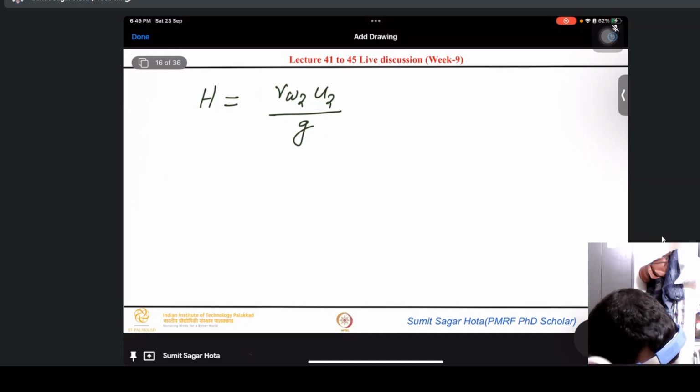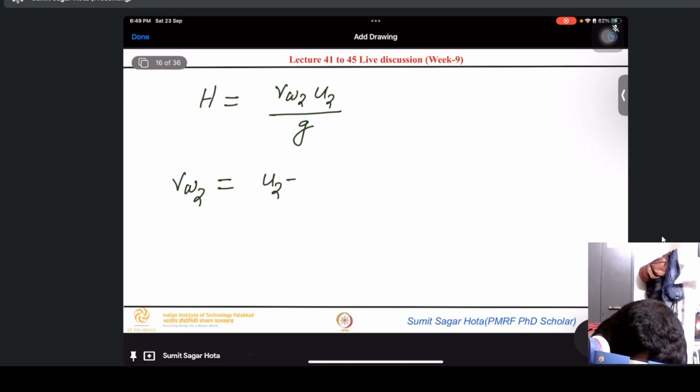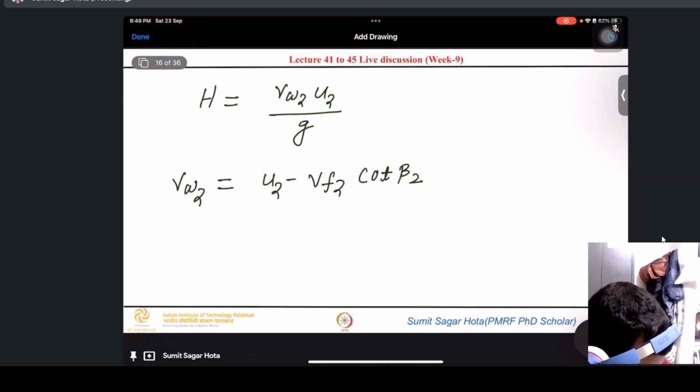And what is V omega 2? V omega 2 is equal to U2 minus Vf2 cot beta 2. Now substitute V omega 2 here.